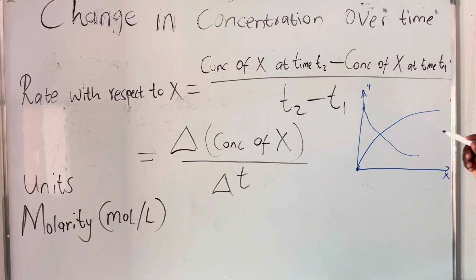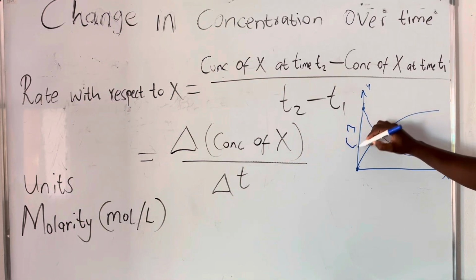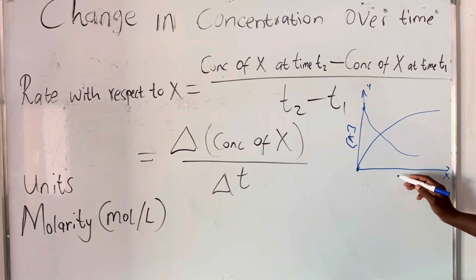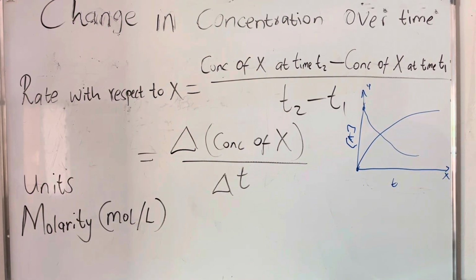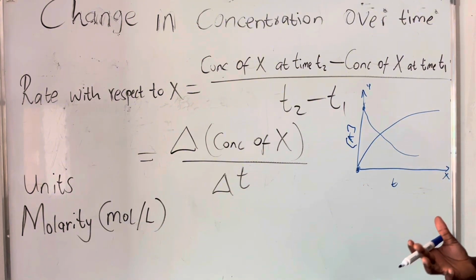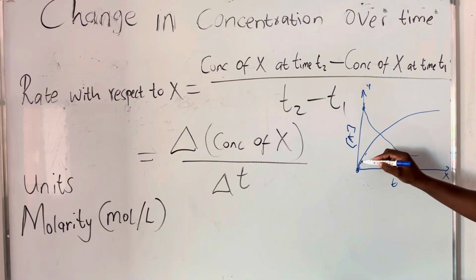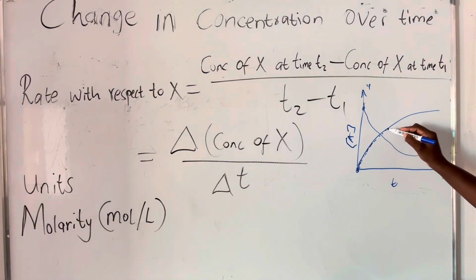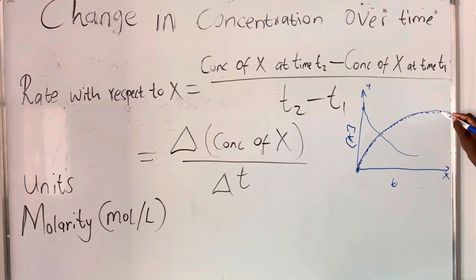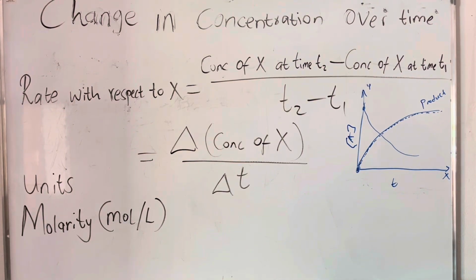So when the reaction started, let's say for example this is concentration, right? If we are talking about concentration of A, this is time on the x-axis, then you will realize that at time 0 there is no product yet, meaning that the graph for the product will normally start at 0, and as time proceeds it will curve up like that all the way to give us a certain product.